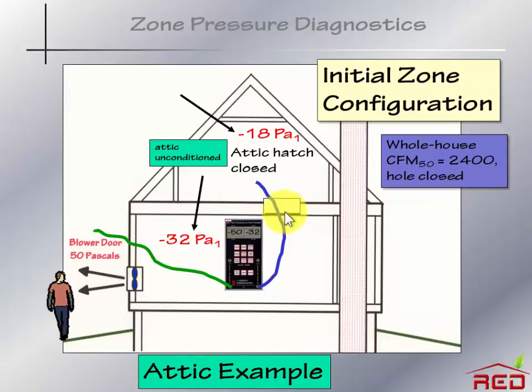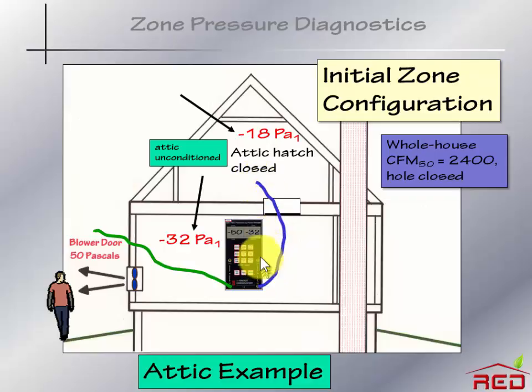Make sure that you don't totally block the hose or crimp the hose when you do this. It's a good idea if the hose is at least 3 feet away from the attic hatch to keep it out of any airflow. Of course, this drawing does not represent that very well, but that's a problem with my drawing.